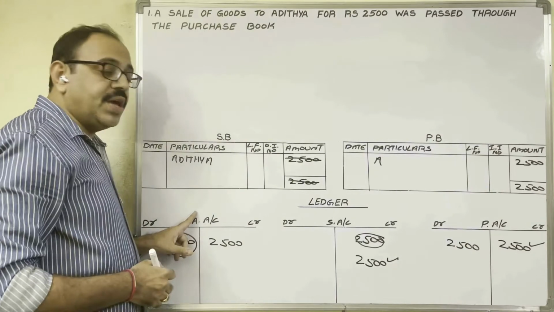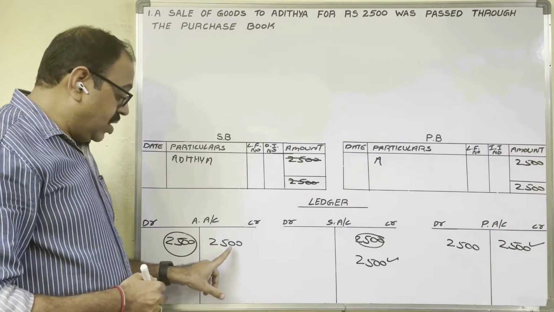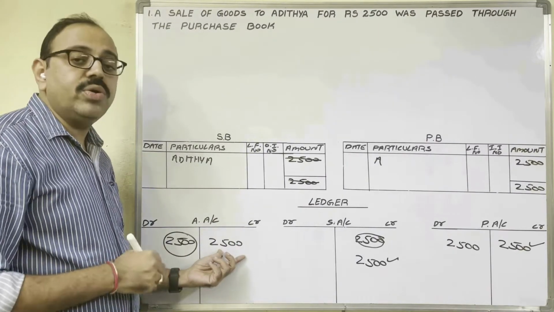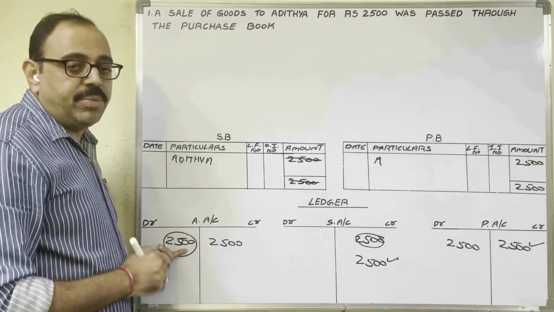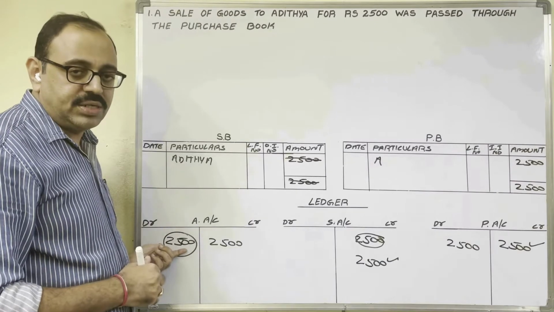Come to Aditya account. Here I need two things. One is wrongly 2,500 was credited. Now this amount we want to cancel. And 2,500 should be debited, but not debited by accountant. Now we have to debit that.